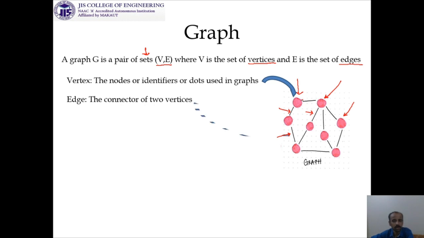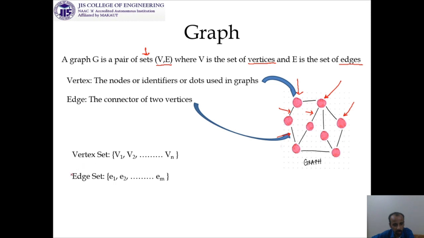So now the concept of vertex and edge is clear. The vertex set is represented by v1, v2, v3 up to vn, which means a graph with n vertices. Similarly, the edge set is e1, e2 up to em, which means m edges are there.